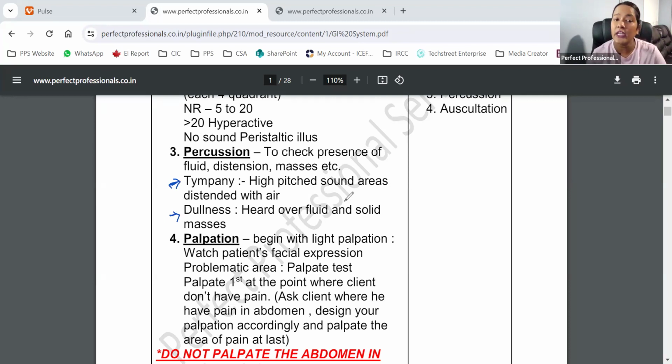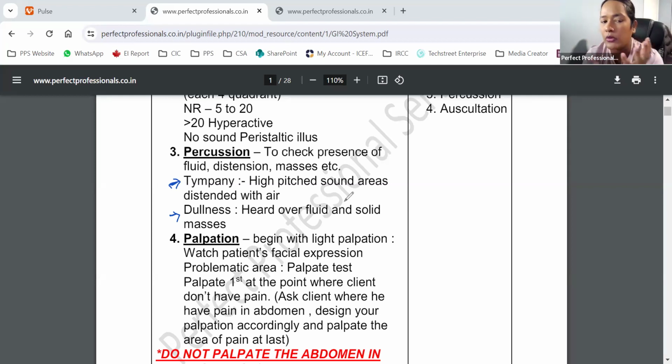Now what do we do in percussion? Suppose this is my abdomen, I will place my hand on the abdomen like this, and with the finger of the other hand I will tap, tap, tap, on every quadrant. Now when I do this, you may hear something.